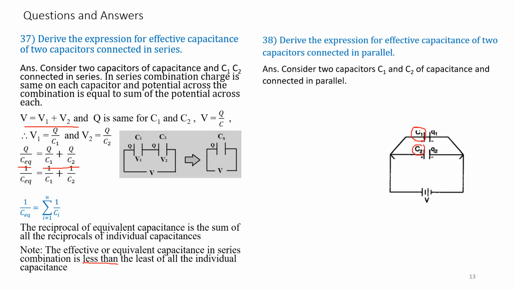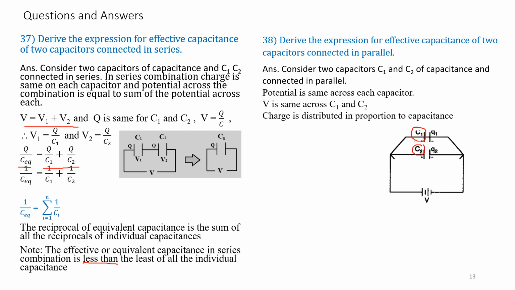One end of each capacitor is connected together and the other ends are connected to one another like this, in parallel. So at the connection, the current whatever flows gets distributed. Charge gets distributed. Therefore, Q1 is the charge on C1 and Q2 is the charge on C2, and V is this applied potential.